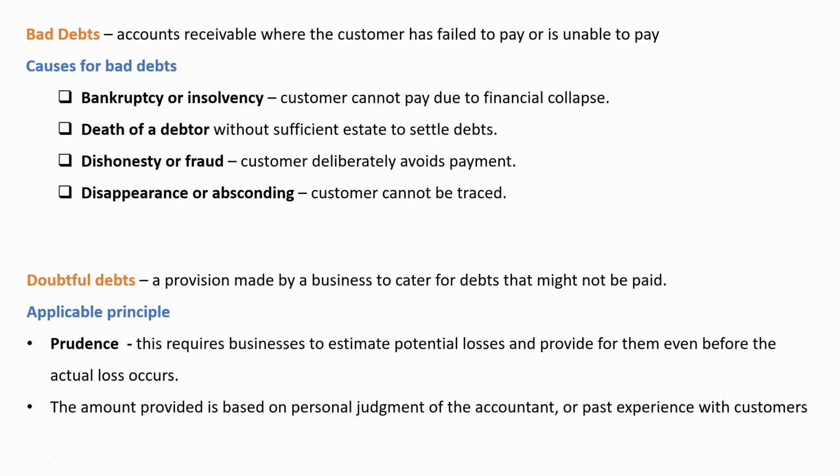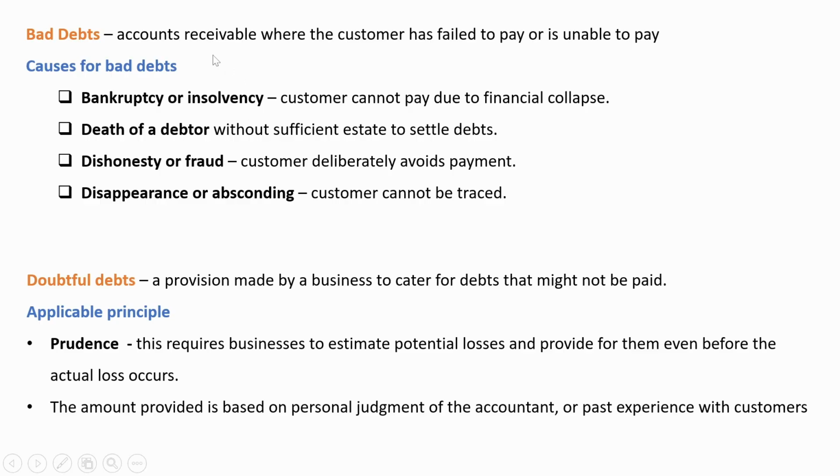In this page, we are only going to understand the meaning of bad debts and doubtful debts. Bad debts, these debts you are 100% sure the customer will not pay. Doubtful debts, this is an estimate. There is a probability the debt may or may not be paid.